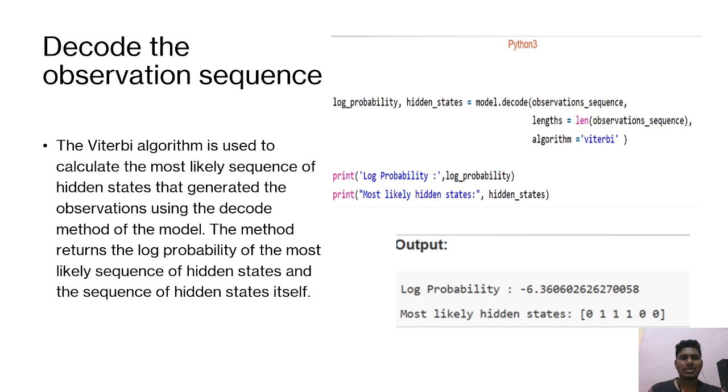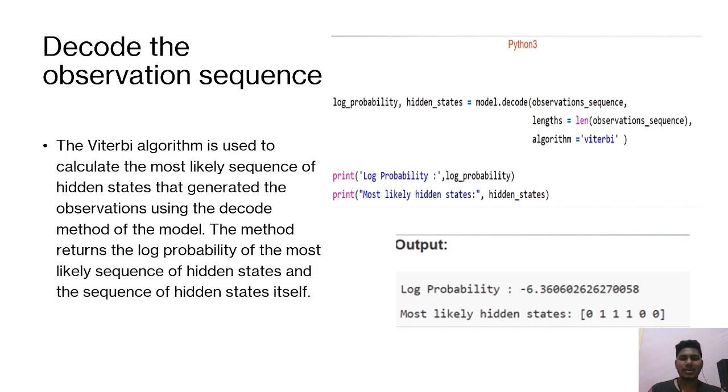Decode the observation sequence. The Viterbi algorithm is used to calculate the most likely sequence of hidden states that generates the observations, using the decode method of the model. The method returns the log probability of the most likely sequence of hidden states and the sequence of hidden states itself.